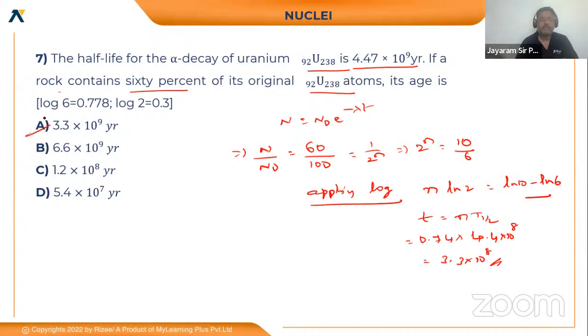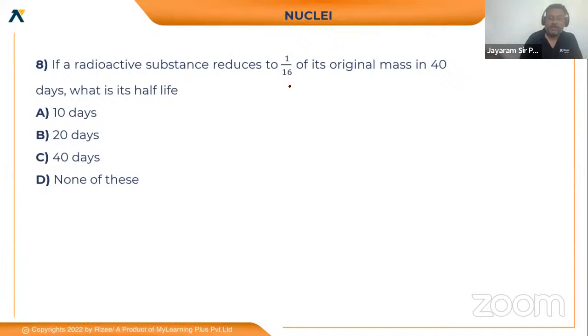Next, a radioactive substance is reduced to 1 by 16th of its original mass in 40 days. 1 by 16th means 2 to the power of 4, so 4 half lives in 40 days. Then what is each half life? Shall we apply this relation? N is equal to n naught into e to the power of minus lambda t.